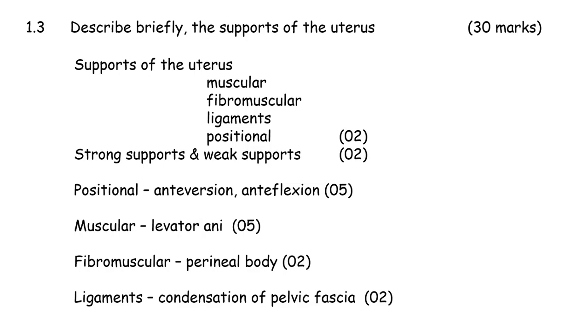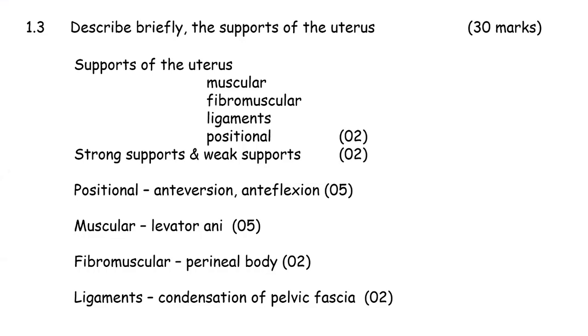part 2, right? 1.2. Shall we move on to 1.3? This again, I think I have slightly modified the original question, and you can see the amount of marks that is allocated is 30. This is the gross anatomy part of this particular question.